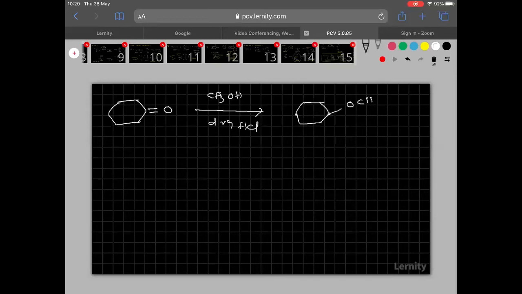So at this carbon, you will get OCH3 and OCH3. So is it ketal or acetal? It is ketal again. Hope you are able to understand this one.